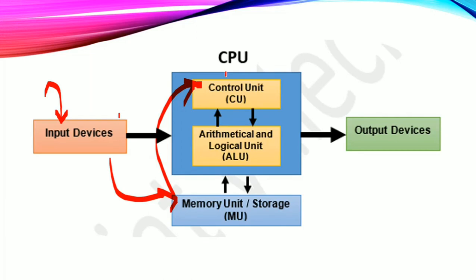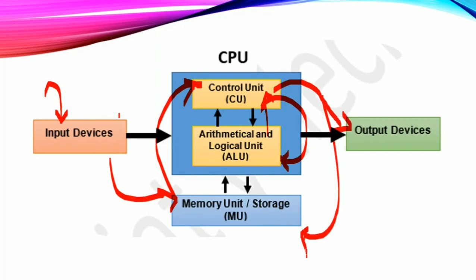If in that task you want to perform any kind of calculation, in that case that task will be given to the ALU. Then the ALU will perform the given operations, and after calculating the result, this data is given to the CU again. When the CU gets the result, it will send that result to the output devices as well as to the computer's memory. So it is our complete IPO cycle with the machine cycle.